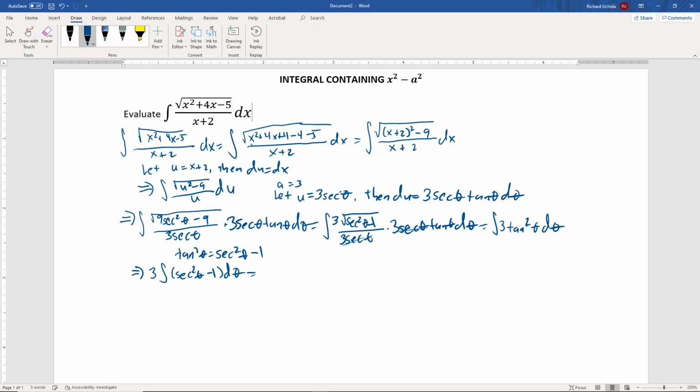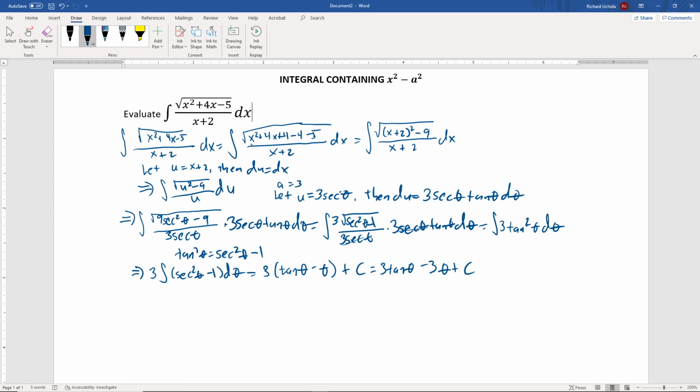So that would be 3 times, taking the integral of secant squared of theta, that would be tangent of theta minus theta plus c. So you could distribute that 3, so that would be 3 tangent of theta minus 3 theta plus c.